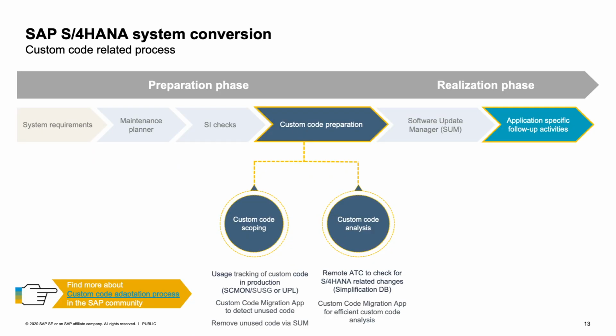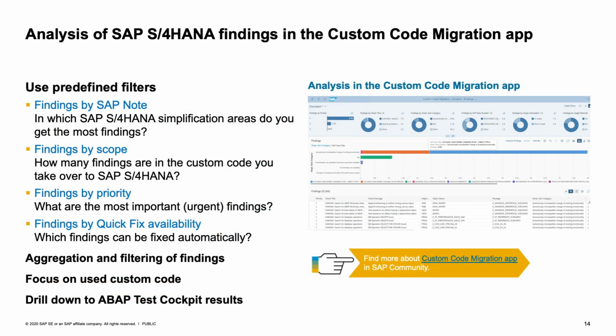The next step is custom code analysis, and we recommend using the custom code migration app, which is fully based on the remote ABAP test cockpit infrastructure and on the information which is stored in the simplification database. The custom code migration app delivers the same ATC findings as the GUI transaction ATC, but it comes along with more representative results like different charts and diagrams, and also has different aggregation and filter capabilities.